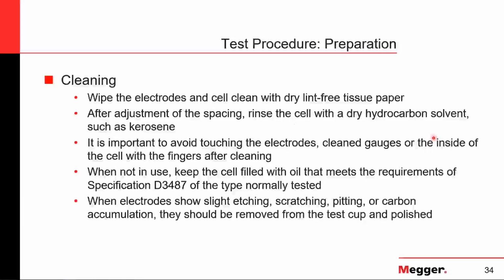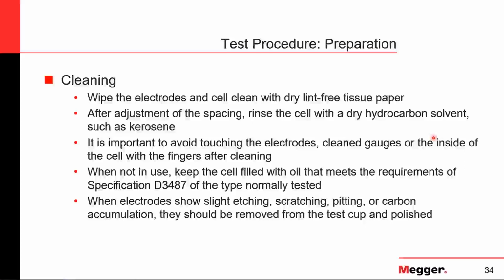Also, as a recommendation, if you are not going to use your dielectric breakdown voltage testing unit, make sure you don't leave those vessels empty for long periods of time. If you're going to have them stored, fill those vessels with the same oil you use to test, so you prevent any contamination of the vessel.